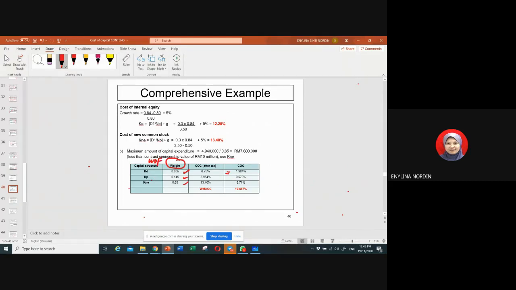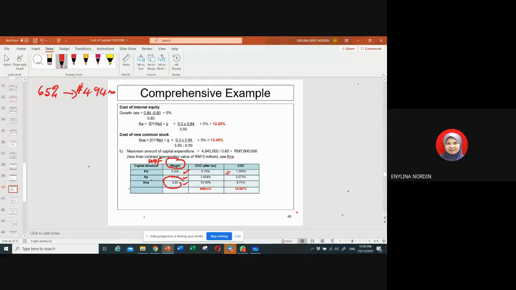Okay, so once we know this, then we want to determine the maximum capital expenditure. That means the 65% here is actually equivalent to 4.94 million. So this is the total earnings available for the reinvestment.